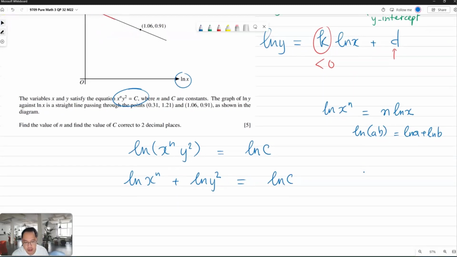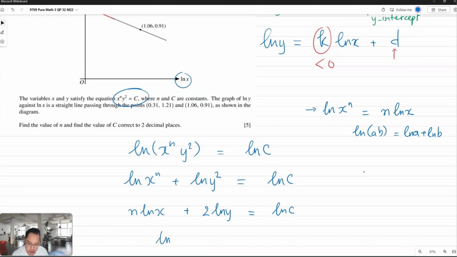Then the next step, using the properties here, ln of x power n will be equal to n times ln x, and then 2 ln y equals ln c. And we want to get to the following relationship between ln y and ln x. So we just need to arrange this equation a little bit.